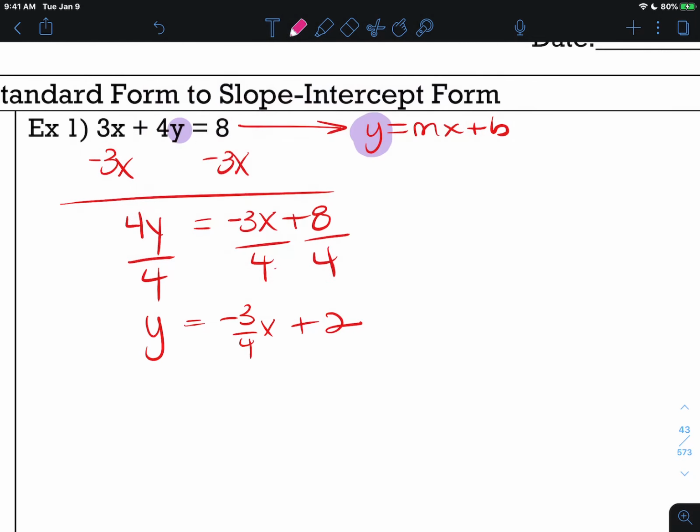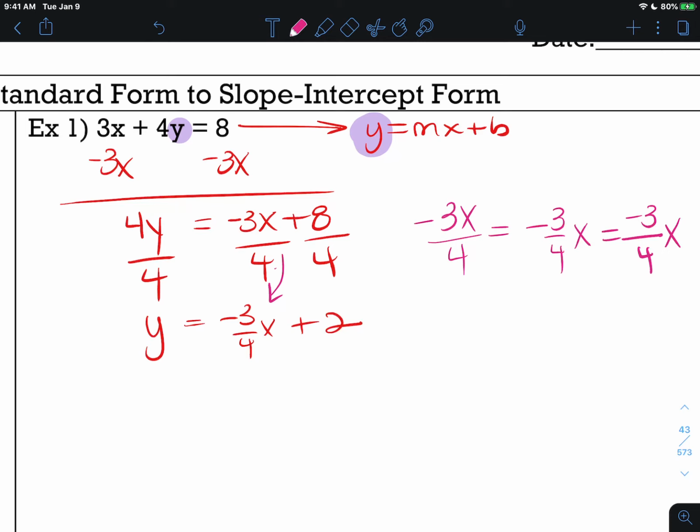Noticing I can write these interchangeably, okay? Negative 3x divided by 4 is the same thing as negative 3/4 x. Is also the same thing as negative 3 all divided by 4 multiplied by x. You will see all three of them. Math people like to make stuff complicated, okay?